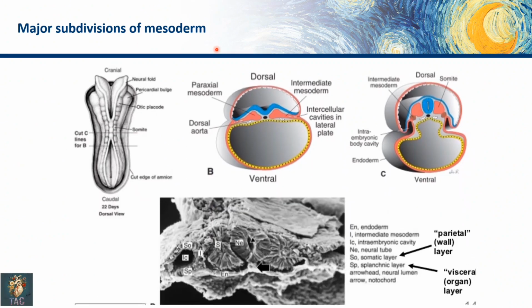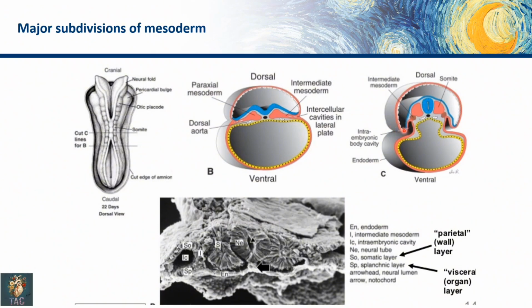So major subdivisions of the mesoderm are, now look at this diagram. This is the paraxial mesoderm. In the center you can see intermediate mesoderm and then the lateral plate mesoderm. Here you can see small cavities are present, and when these cavities coalesce they form a large cavity which is called the intraembryonic coelom or intraembryonic body cavity, and this intraembryonic coelom then splits the lateral plate mesoderm into two.